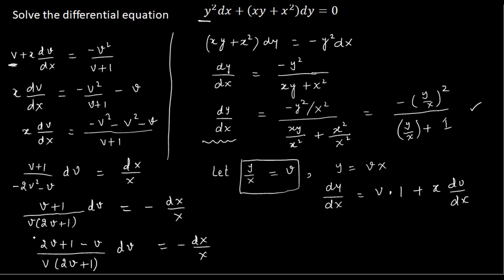Now integrating both sides. Okay, so let us rewrite this. Integral of (2v plus 1 minus v) over (2v plus 1) times v dv equals minus dx over x.